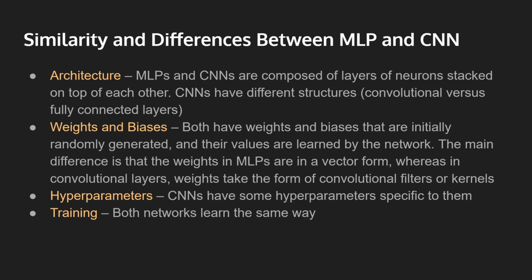So we'll see what this means later on in the video. So don't worry about it. And hyperparameters, convolutional neural networks have some hyperparameters specific to them, and I will show you what those are. And training, both networks learn the same way. So that's the similarity, okay?